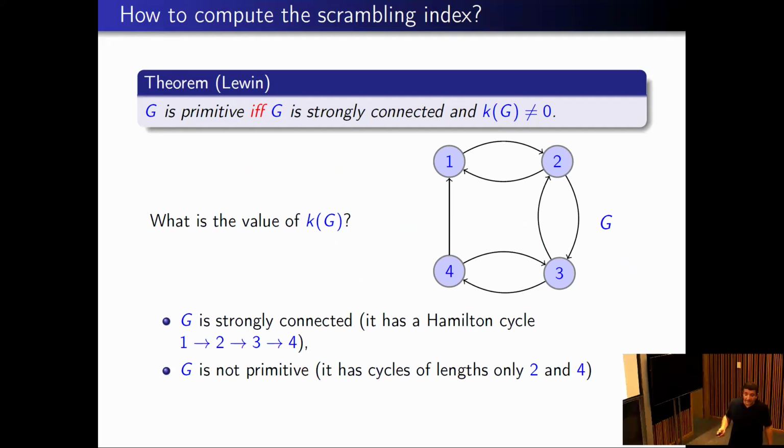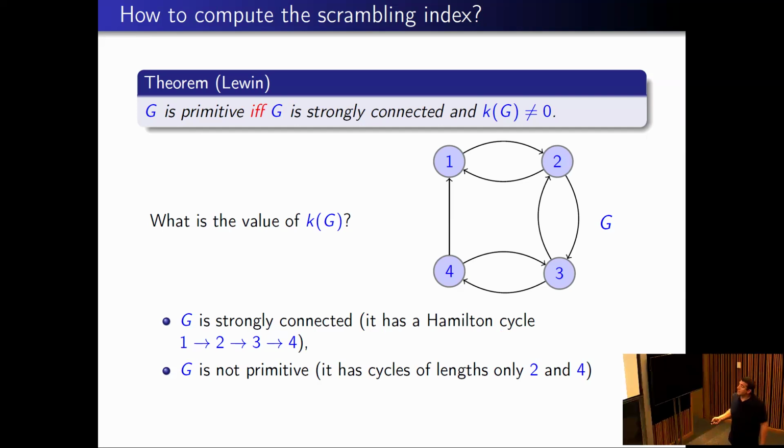So there are many ways actually to compute it, but if you do it graphically, it's not always easy. For example, if my graph is primitive, it is equivalent, it is a beautiful result of Levin: primitivity of a graph is equivalent to strong connectedness and the fact that the scrambling index is non-zero.